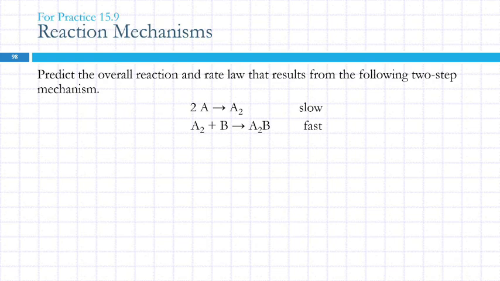Here's another one. Predict the overall reaction and rate law that results from the following two-step mechanism. So here, they just give us the mechanism, they didn't give us the overall reaction. But all we have to do is add the steps together. So I'm making some A2, and then the A2 gets used up.